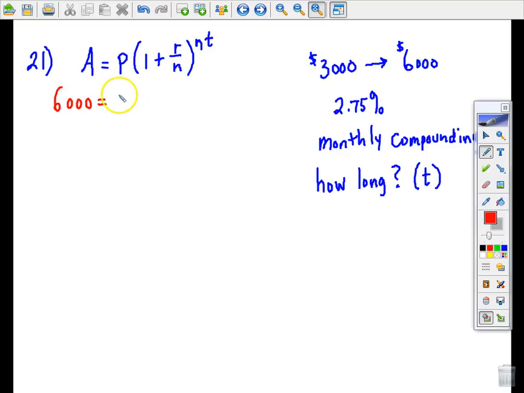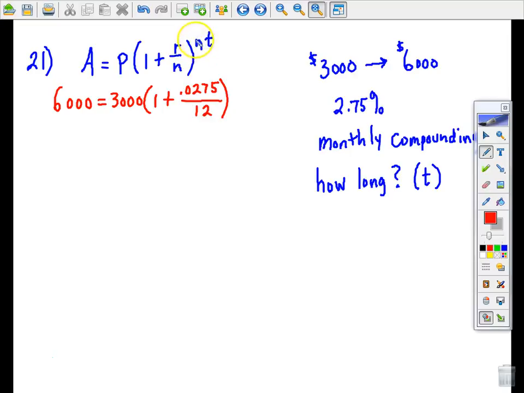P represents the initial investment. The rate is in decimal form, 0.0275. N stands for how many times during the year compounding on your money took place. Well, monthly compounding means it took place 12 times.